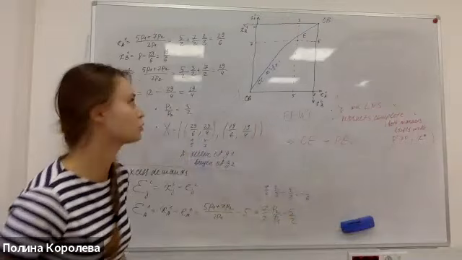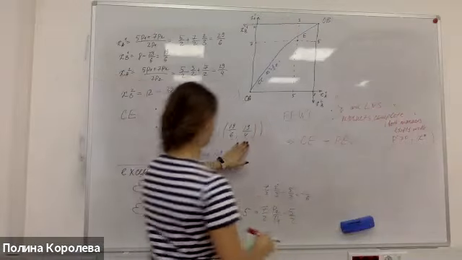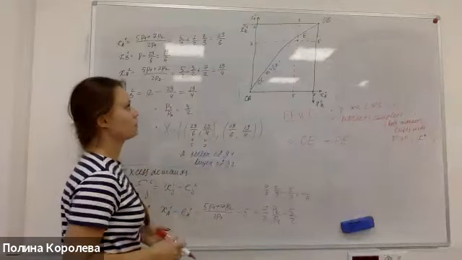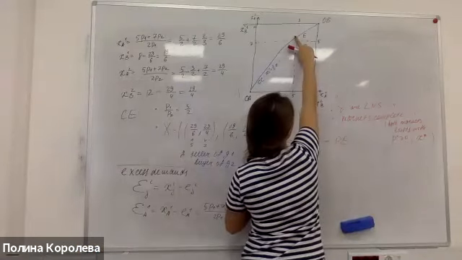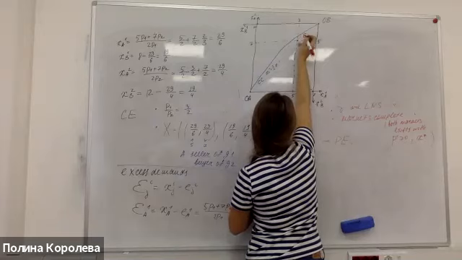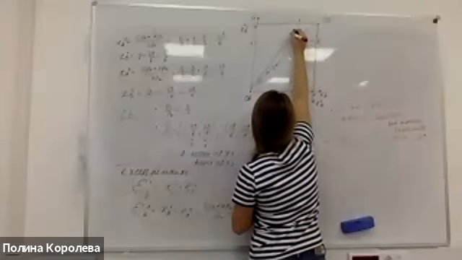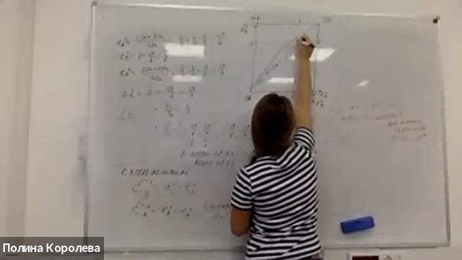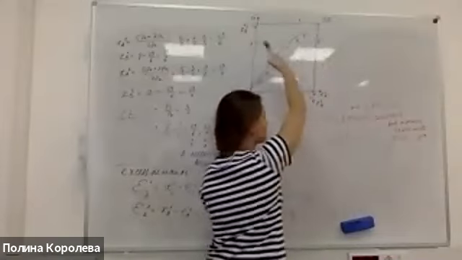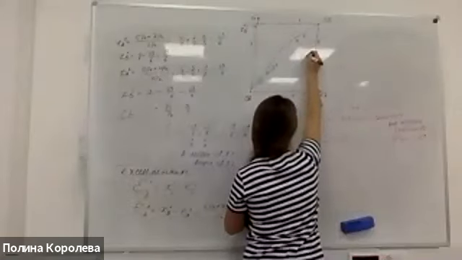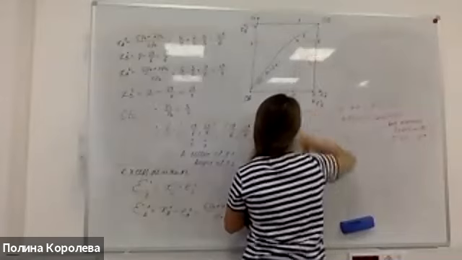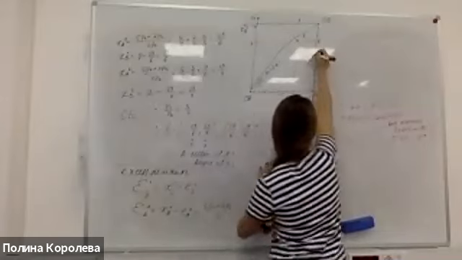Let's put this competitive equilibrium allocation on the graph. We know where it will be. It will be somewhere here, to the left and up from the endowment point, for example, here. This is the budget constraint with the slope -3 divided by 2.